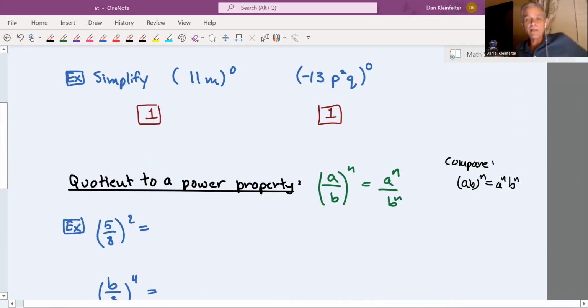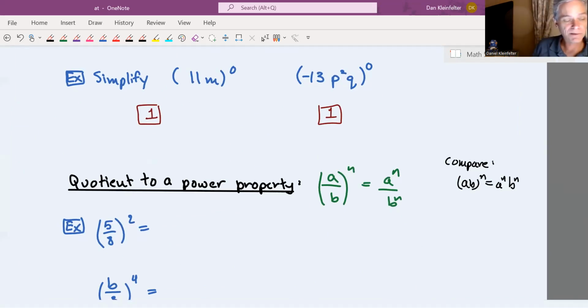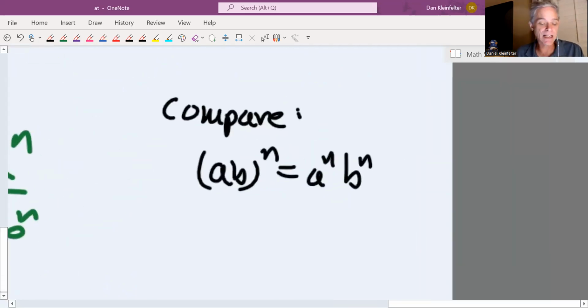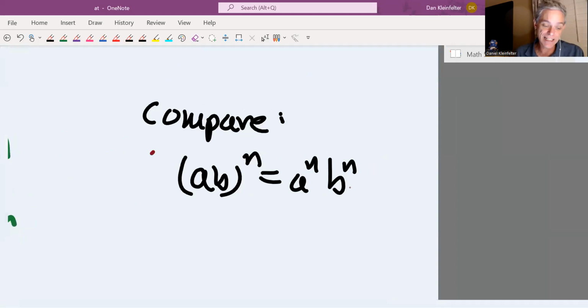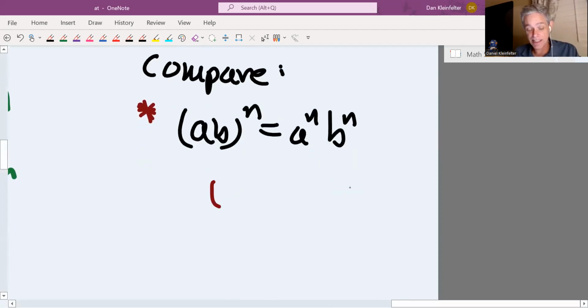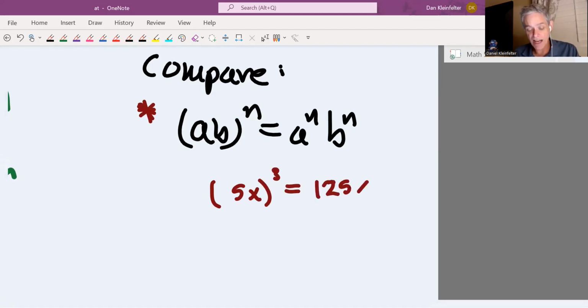All right, the next rule we have about division is the quotient to a power property, and this one kind of is suggested by this product property. We'd had, if you raise a product to a power, you can give the exponent to each factor inside. For example, if you had 5x cubed, this will be 125x cubed.